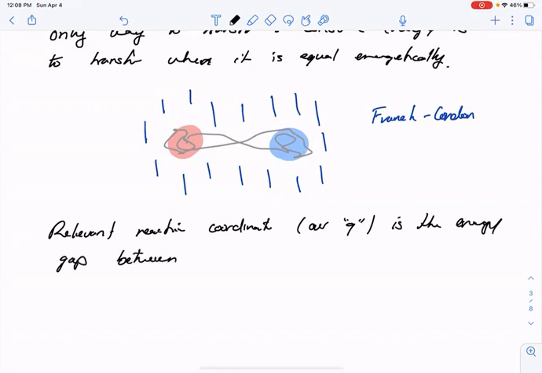More generally, between some donor, like the red, and some acceptor, like the blue. Let's denote that delta E.